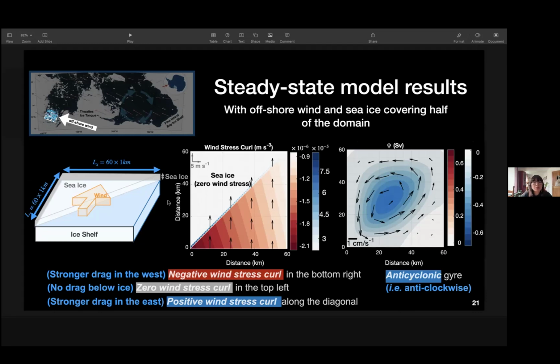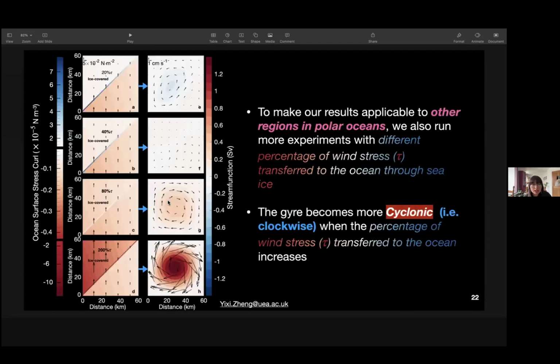And then to make our gyre model applicable to other regions in the Polar Ocean, and also as we all know that the sea ice might not just block the air-sea momentum flux, sometimes it might enhance it as well. So then we run different model setups with the sea ice effect on the ocean made by a different percentage of the wind stress transferred to the ocean through sea ice.